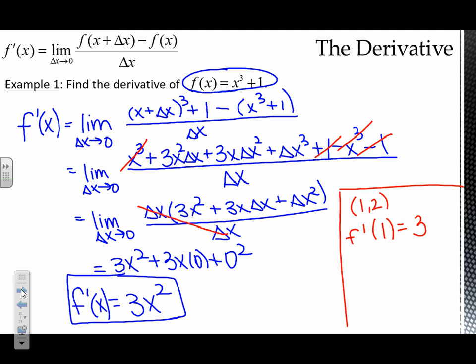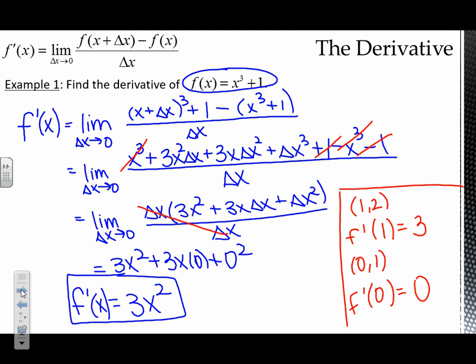Which would be different than the point 0, 1. At 0, 1, which lies on this curve, x cubed plus 1, if we look at the derivative at 0, 3 times 0 squared is 0. The slope of the tangent line at 0, 1 is 0. So these are all going to have different slopes, right? So the derivative doesn't technically be a line.